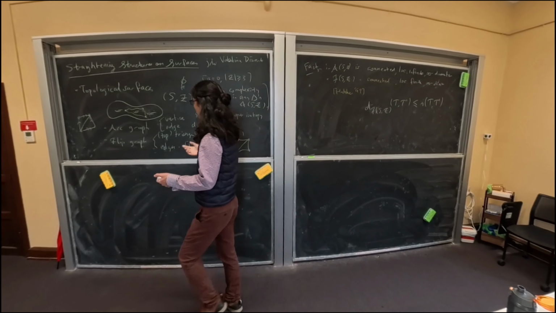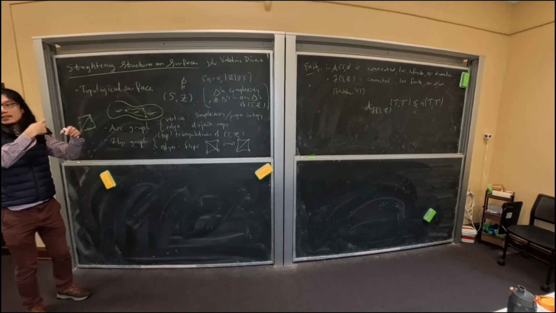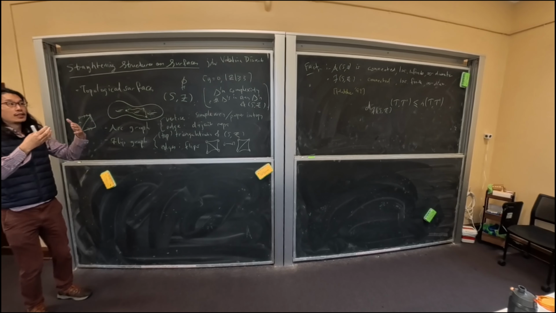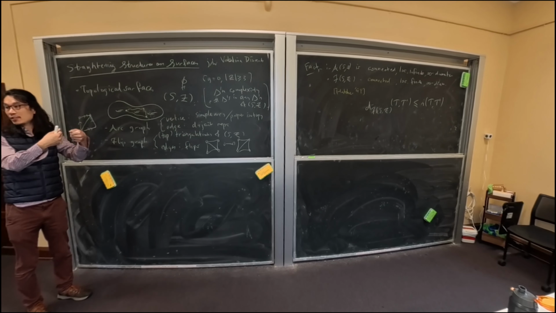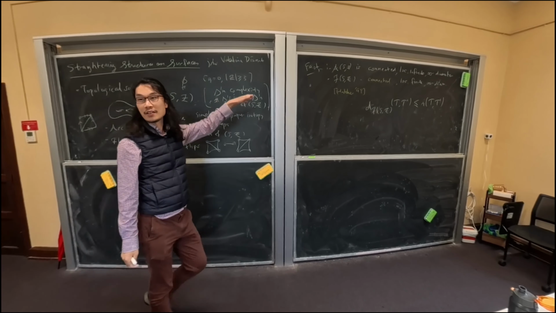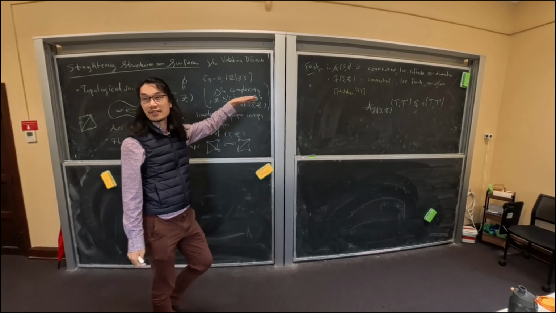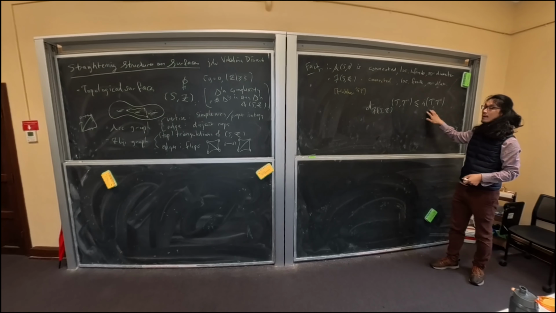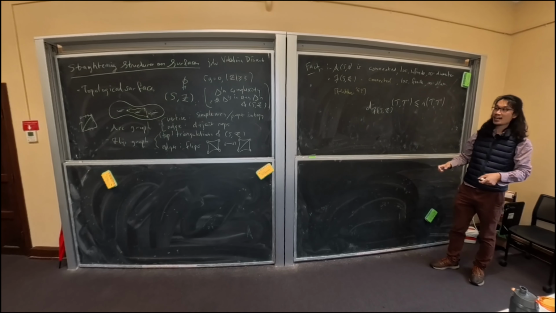If I give you two arcs, I can count the number of times they cross. The intersection number of two arcs is when you pull them into minimal position. Then just sum over all arcs in T and all arcs in T prime and add those numbers up. So the total number of intersections, once you put them into minimal position, gives an upper bound for the distance. And it's not mysterious.